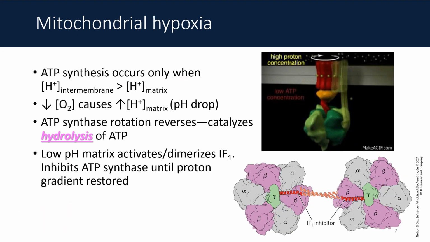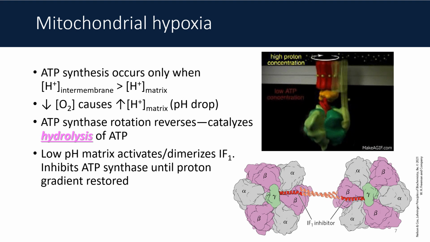Let's now discuss hypoxia's effects on aerobic respiration. Recall that we need a terminal electron acceptor like oxygen at the end of the electron transport chain. This is what's going to keep that wireless current alive within that inner mitochondrial membrane, and that's going to keep the proton pumps active and continuing to actively transport protons into the intermembrane space.